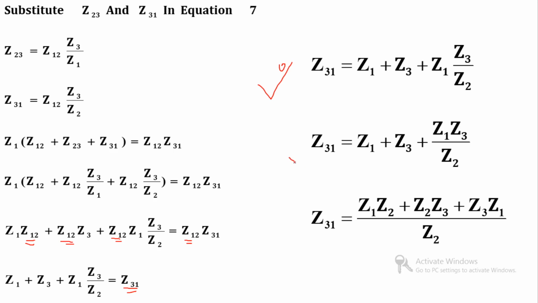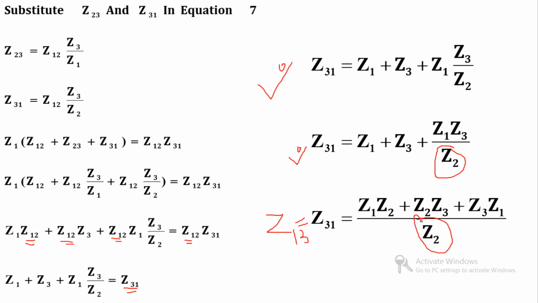Further simplify that Z31 is equal to Z1 plus Z3 plus Z1 Z3 by Z2. Again I will take the Z2 as LCM. So, Z13 or you can say that Z31, this also you can write as Z13 is equal to Z1 Z2 plus Z2 Z3 plus Z3 Z1 divided by Z2.